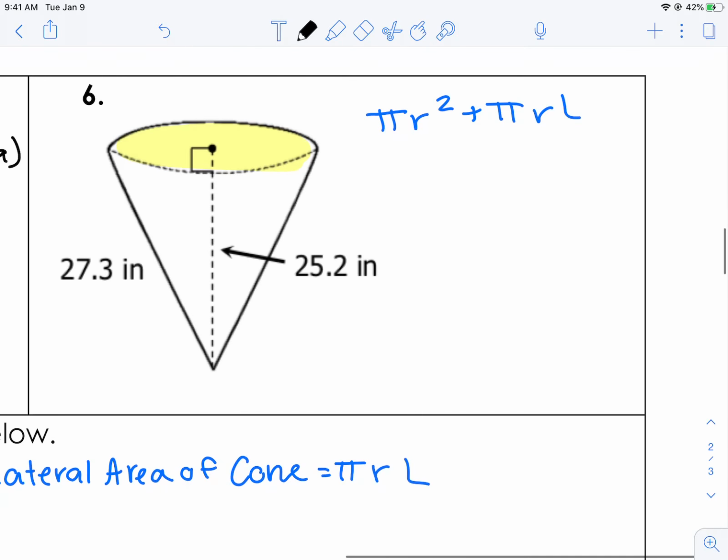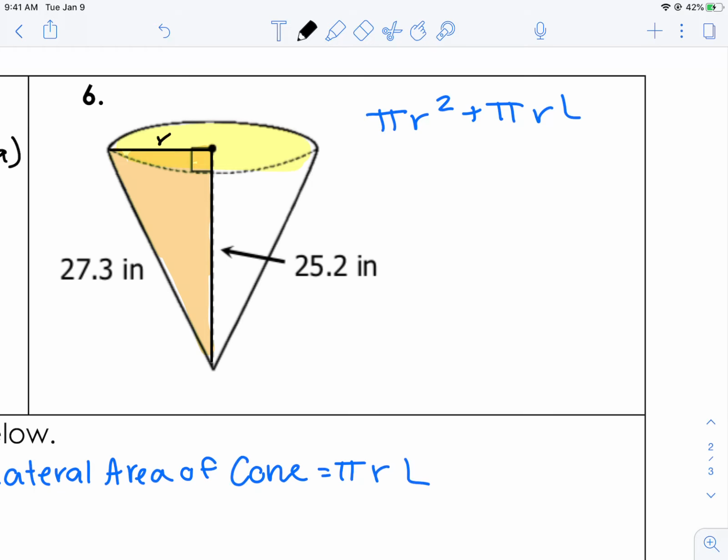Okay, number 6. Okay, this one, they do not give me my radius. However, I can figure it out using Pythagorean theorem. So if I draw in a triangle, so here's one side, I'm going to draw this in right here. Okay, so now you'll have a right triangle to find our radius.